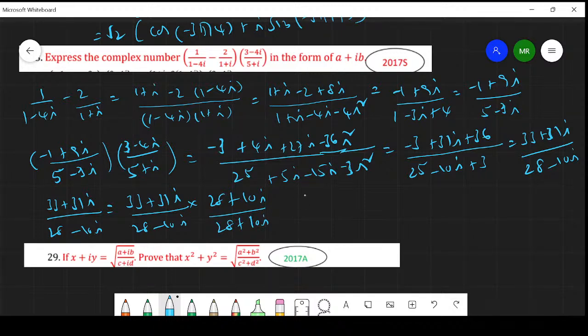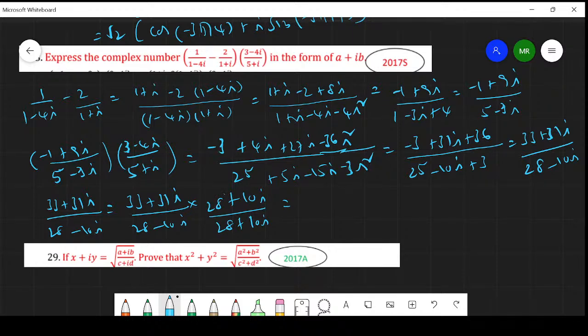You rationalize this, you should multiply this. So you will get bigger numbers here. You should be careful here. We should multiply this. If you multiply, you will get the required answer here. You should multiply all this.